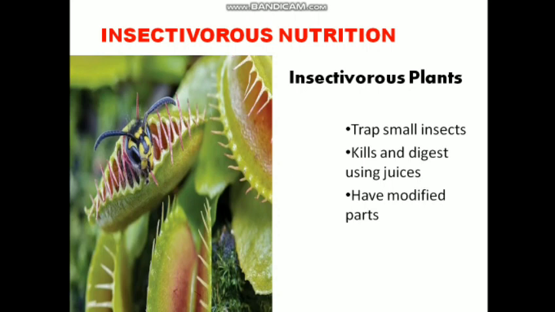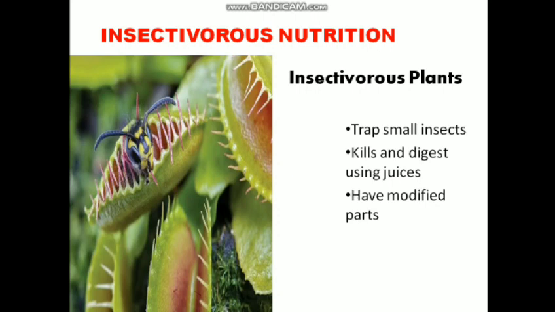It helps to capture the insect inside the bell jar. And then what exactly happens, students? Then the digestive juices come into play. The plant excretes digestive juices which help to kill and then digest the insect.